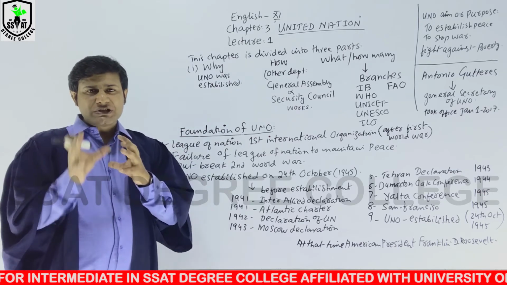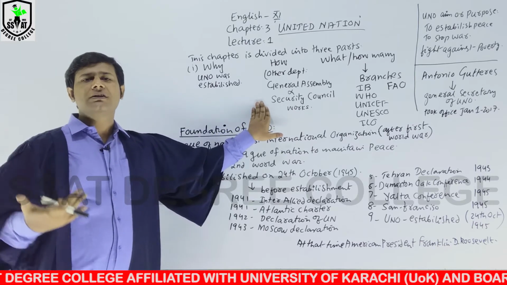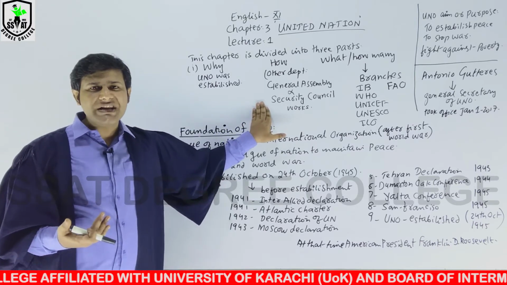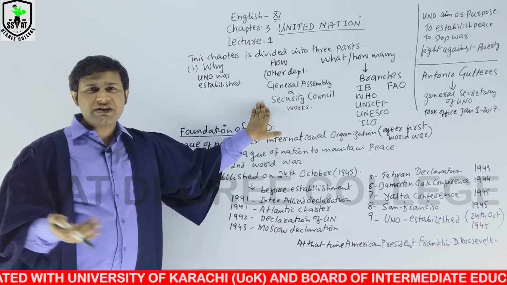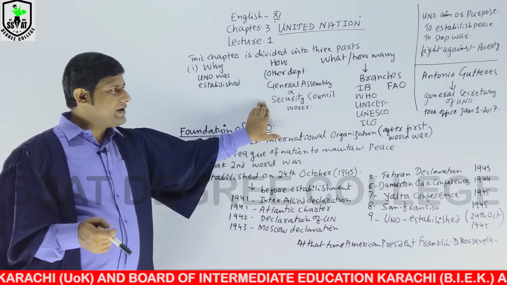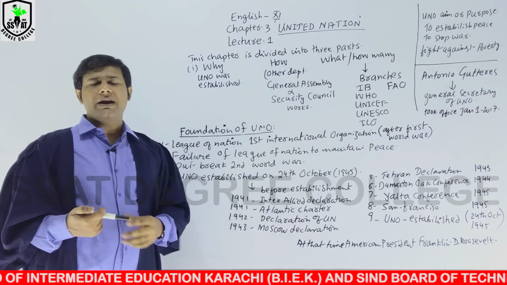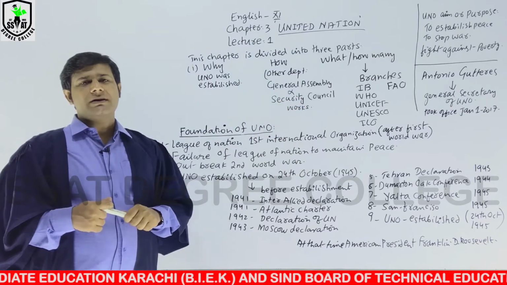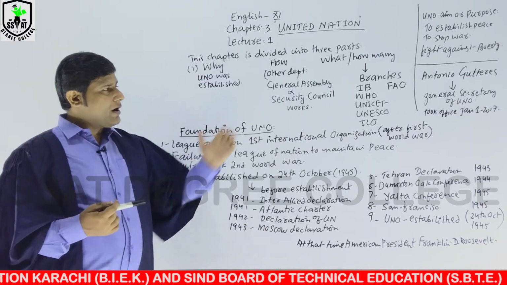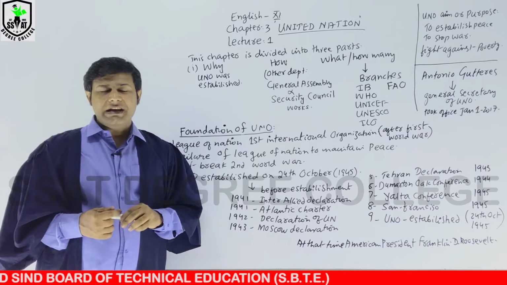So the basic purpose of the Security Council is to solve the problems among the countries, and meetings and general discussions occur. Later on, I have written there, Antonio Guterres is the Secretary General of the UNO, and he took office on January 1, 2017.